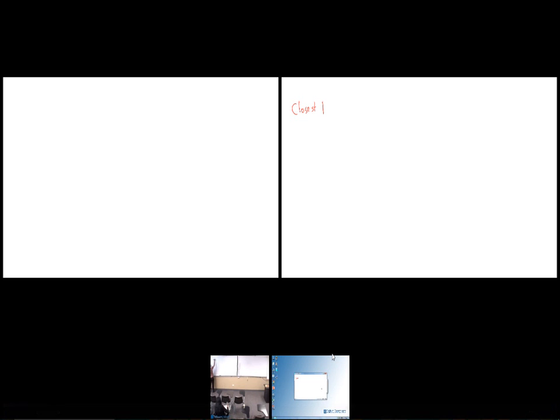Okay, so last lecture we started discussing the following problem, closest pair of points. In this problem we're given a set of points in the plane.